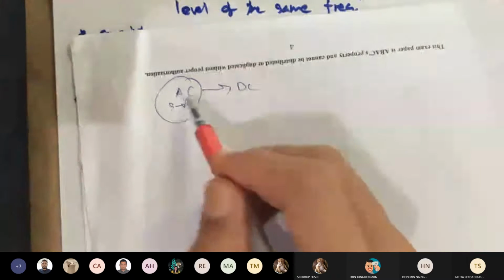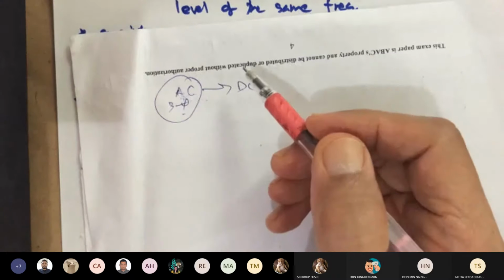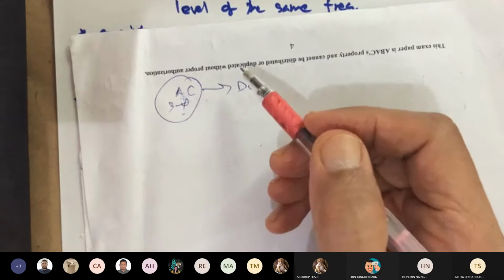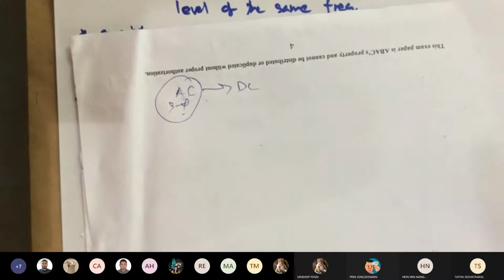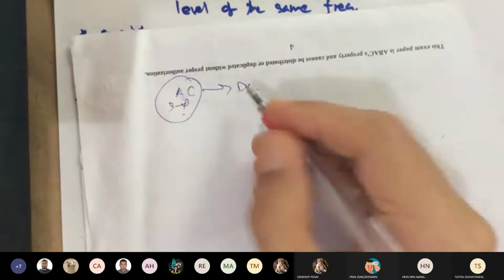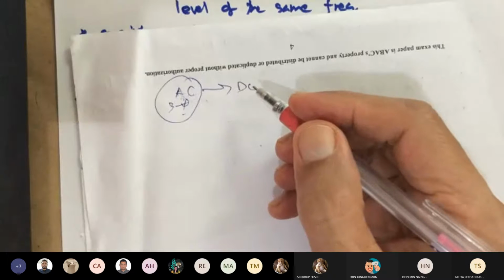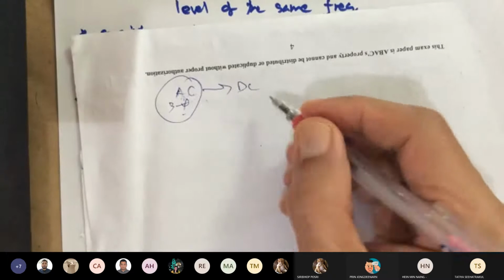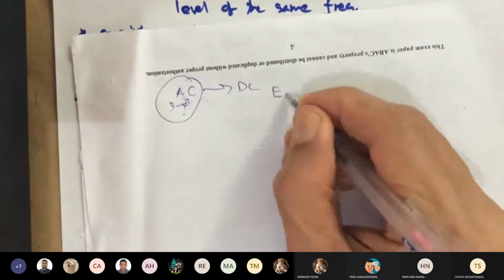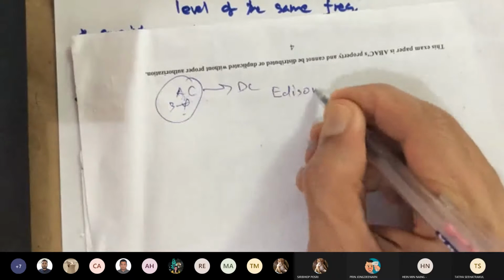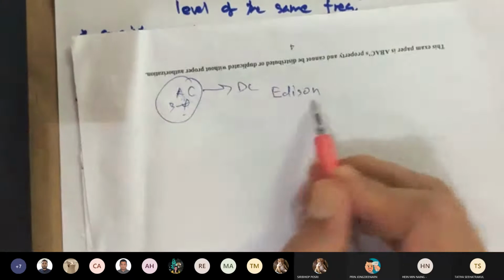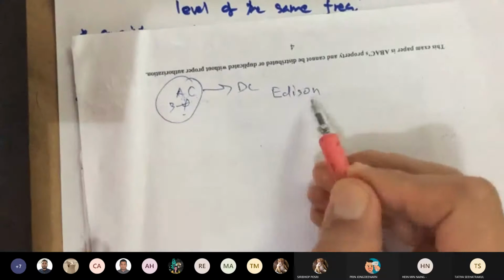But in the beginning, I guess all of you or some of you should know Tesla, Nikola Tesla, and I'm assuming most of you know Edison, right? Edison is famous for the light bulb. He's one of the inventors of the electric light bulb.